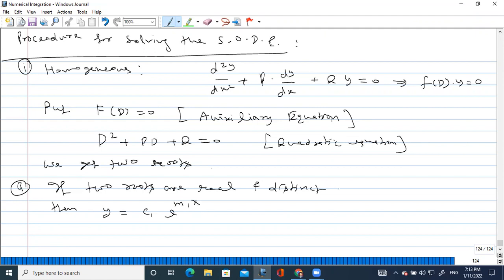Suppose these roots are m1 and m2. So the answer will be c1, a constant, e to the power m1x plus c2 e to the power m2x. So like this we will take the answer.